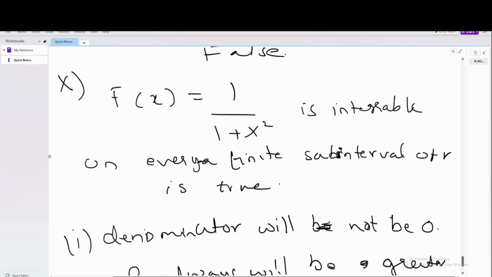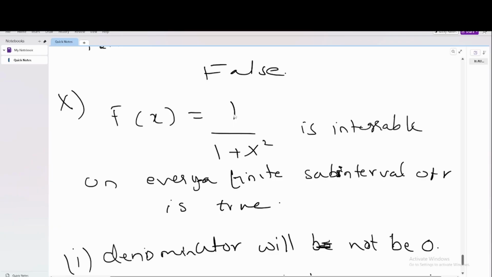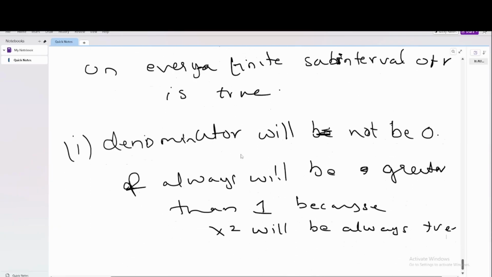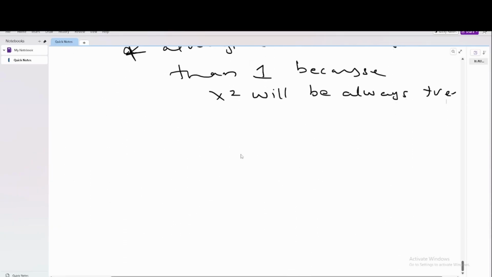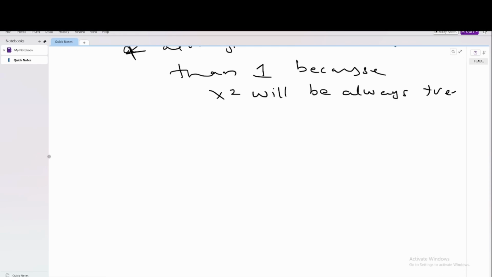The second condition is both numerator and denominator are continuous functions or polynomials.